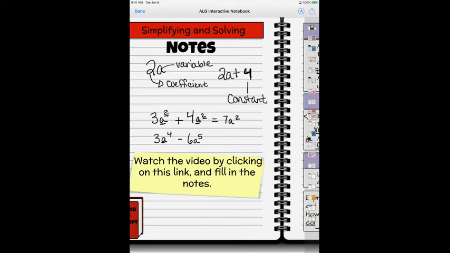They have the same base, but they don't have the same exponent, so you can't combine them. So that's simplified. Your answer is going to be 3a to the 4th power minus 6a to the 5th. You can't simplify them anymore.